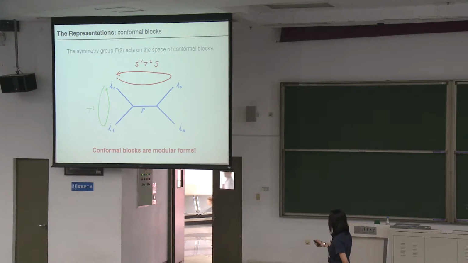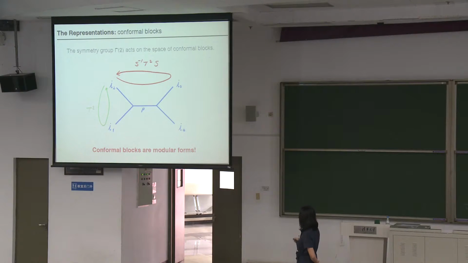And indeed, on this picture, we have 4 insertions on the 4 marked points, and the monodromy translates into exchanging, rotating these 2 legs and rotating these 2 legs. So we get the conclusion that 4-point conformal blocks furnish representations of gamma 2. And so in other words, they are modular forms.